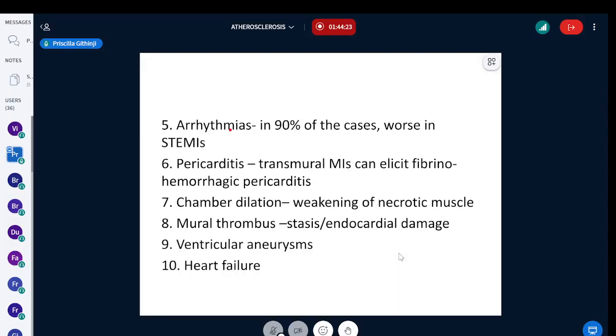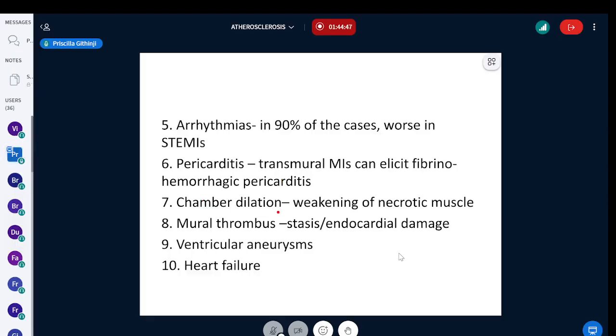Then the other consequence is arrhythmias, and in 90% of the cases, this will be worse in STEMIs, those that have ST elevation. You can have pericarditis, especially since you have an infarct, you have necrosis and you have inflammation. So that fibrinohemorrhagic inflammation leads to pericarditis.